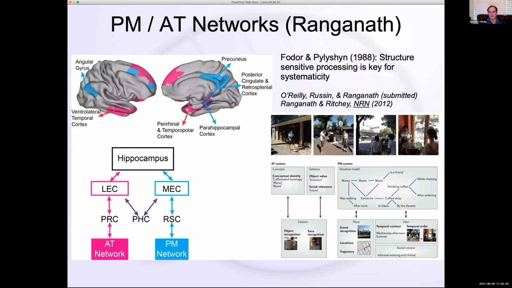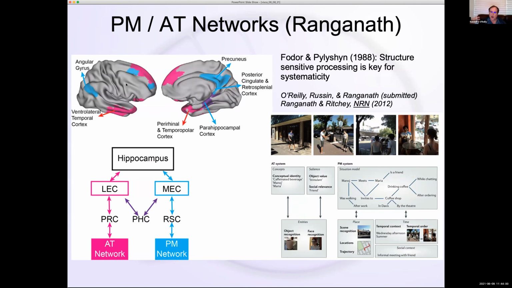Okay, so a foundation for this comes from work from my colleague here at UC Davis, Charan Ranganath. He's had a lot of evidence over the years showing that there are these two pathways, one highlighted in pink here that he calls the AT network, the anterior temporal network, that really seems to be encoding, as most people think, object information, people, semantic knowledge, this kind of stuff.